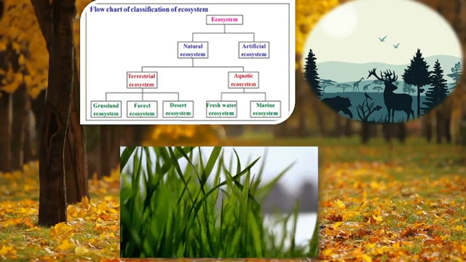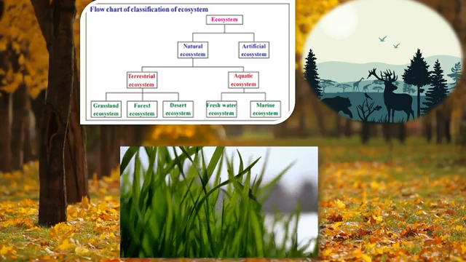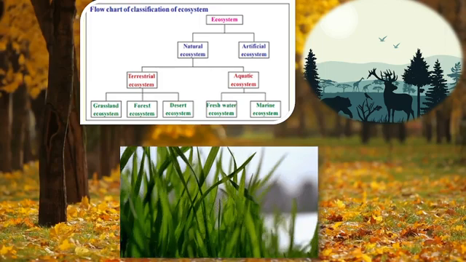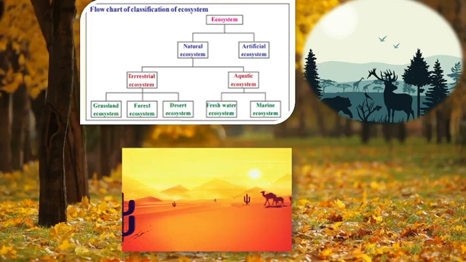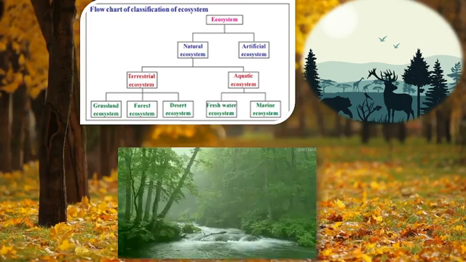The terrestrial ecosystem is further classified into grassland ecosystem, forest ecosystem and desert ecosystem. These three ecosystems come under the category of terrestrial ecosystem. And the second one, aquatic ecosystem. The aquatic ecosystem consists of freshwater ecosystem and marine ecosystem.